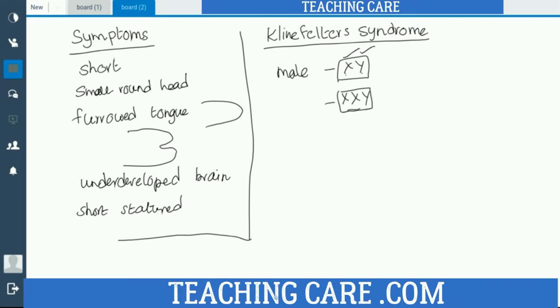So here one extra X chromosome is present.